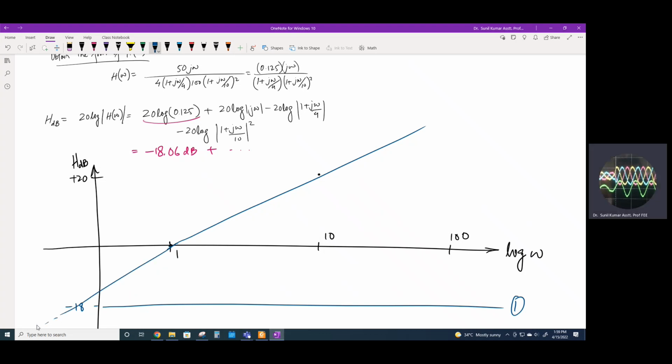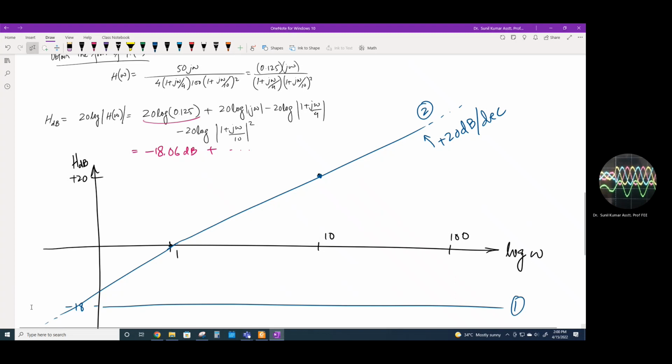Okay, so let's call this line number 2, the slope of positive 20 dB per decade. All right.